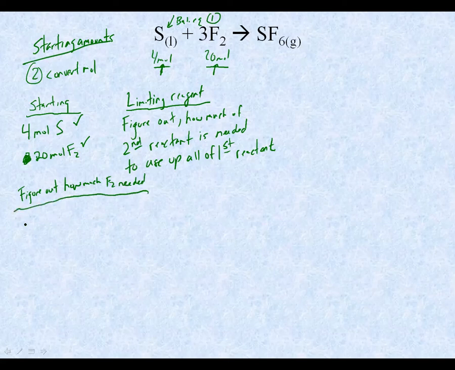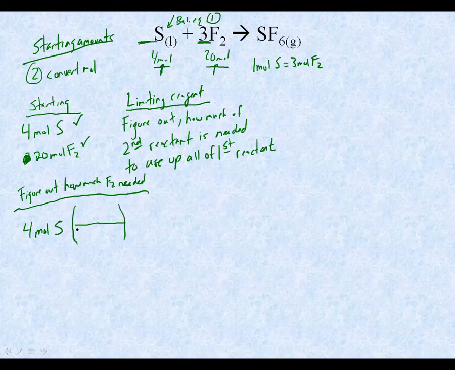So if I start with my 4 moles of sulfur, from this equation we could see that for every 1 mole of sulfur, we get 3 moles of F2. That's the stoichiometry relationship that we get from the equation. So using that, just like we did in the previous problems, we want to get rid of sulfur.